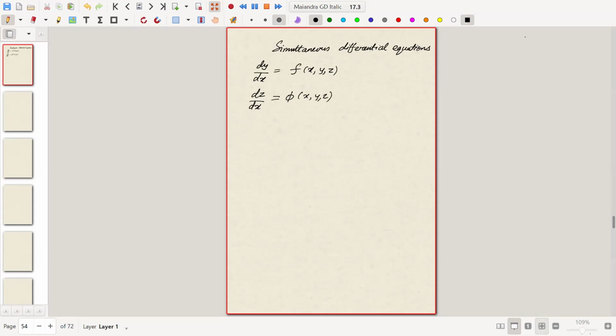Now, if you see these two equations, can you see them? Yes. Why am I saying that they are coupled? f of x comma y comma z, the right hand side involves x, y, and z. But next, if you see dz by dx equal to phi of x comma y comma z, it also involves x, y, z.